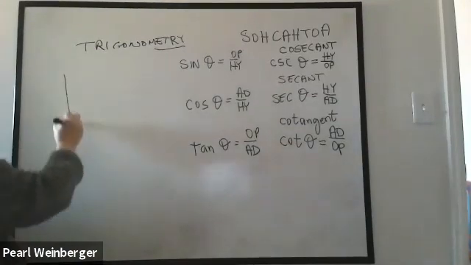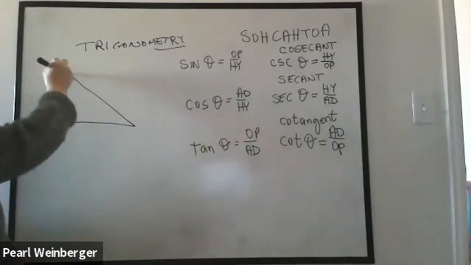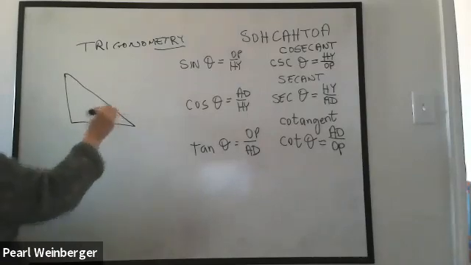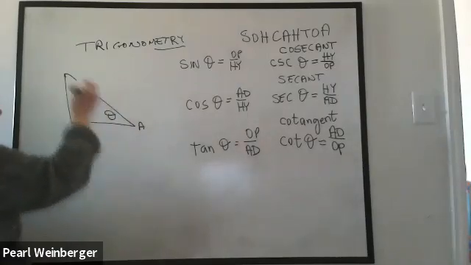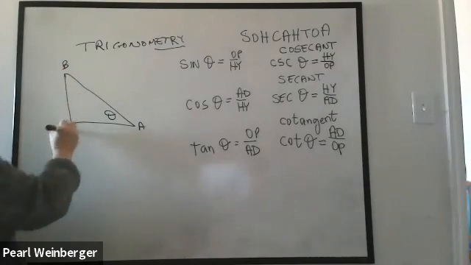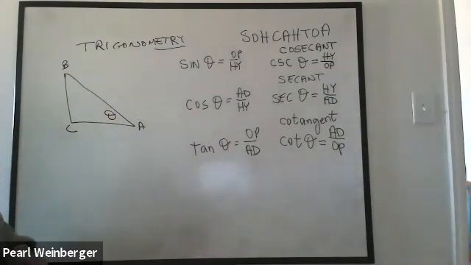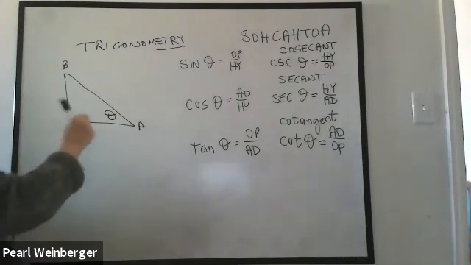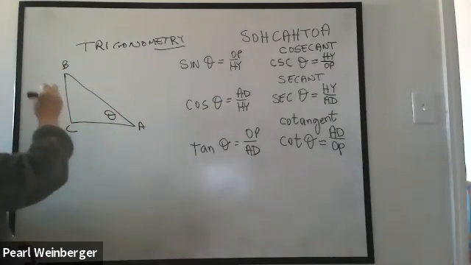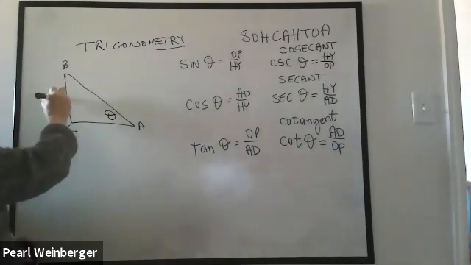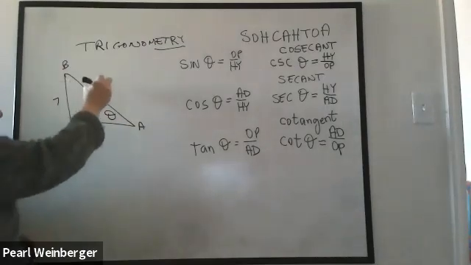So let's say I gave you this right triangle. Let's assume this is my theta. Since my theta is here, we'd be careful about where I put the opposite, adjacent, and hypotenuse. Let's say this is 7 and this is 15.